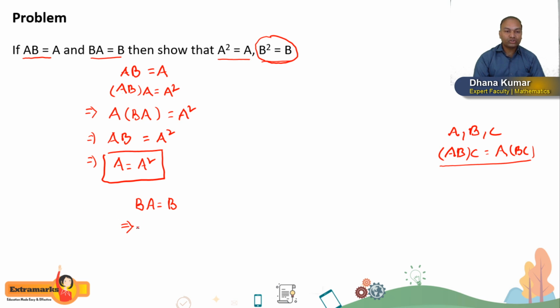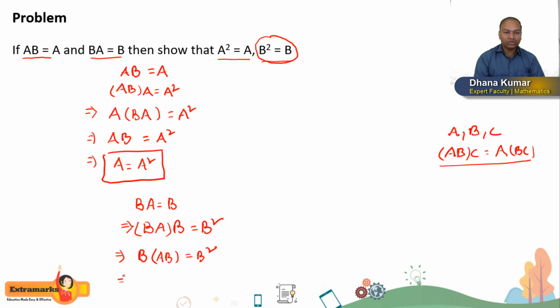Understood? Right. So (BA)B is equal to B into B square. Again using the associative property of matrix multiplication, (AB)C is equal to A(BC), the first element as it is and the last two in a bracket, so B(AB) is equal to B square.